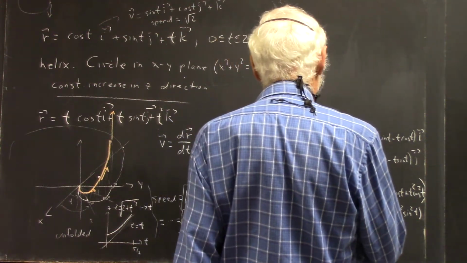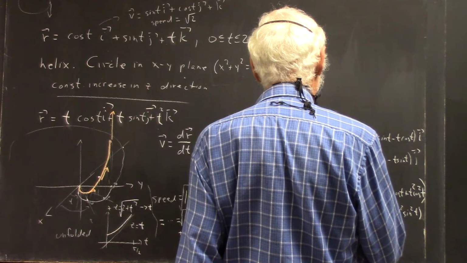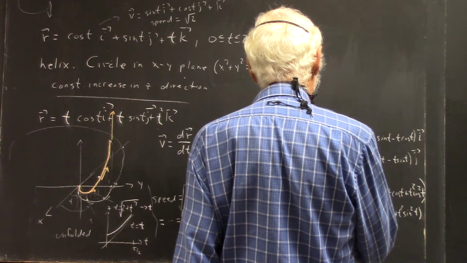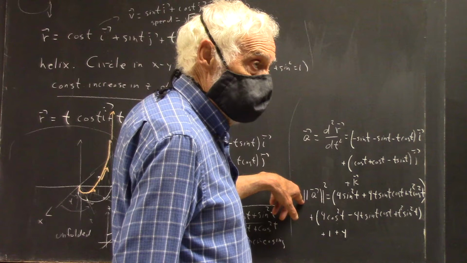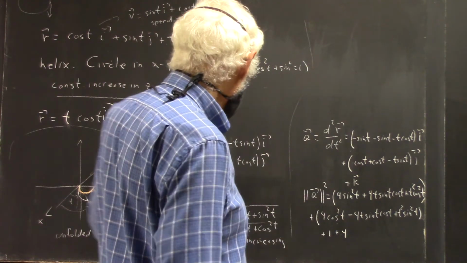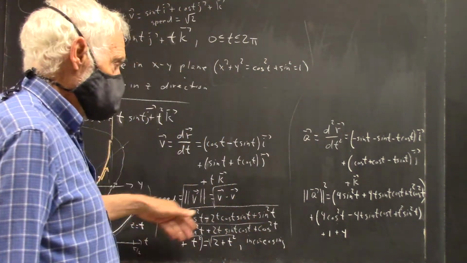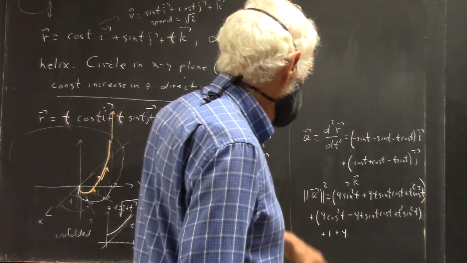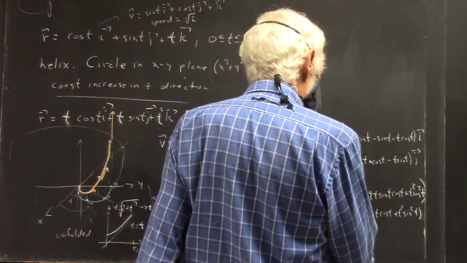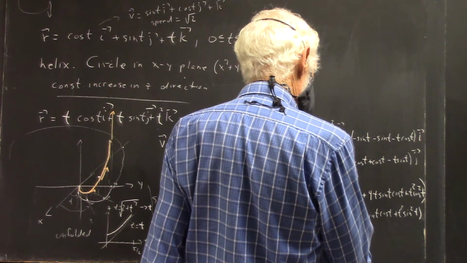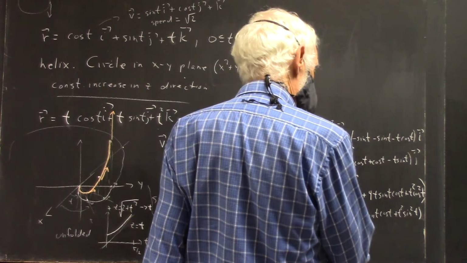And again, I'm going to say magnitude of a squared. Instead of trying to put that square root sign over all this stuff, I'll just do magnitude of a squared and then put a square root at the end in the next step. Okay. Anyhow, you're going to have a 4 from this.